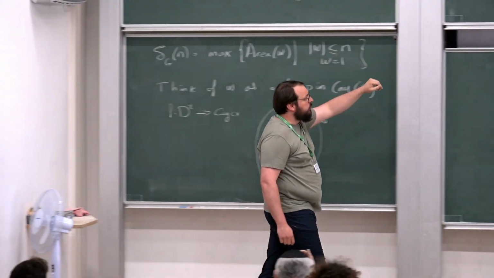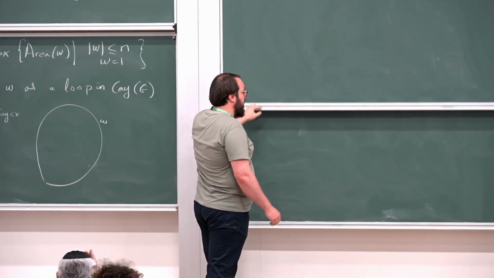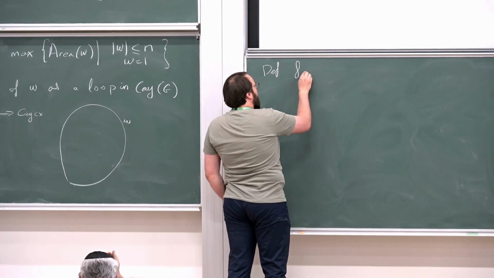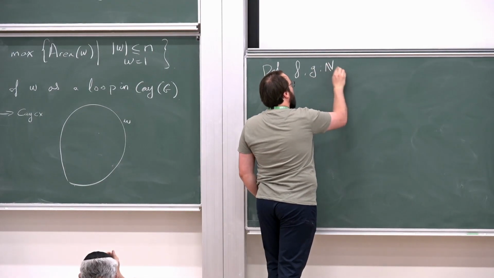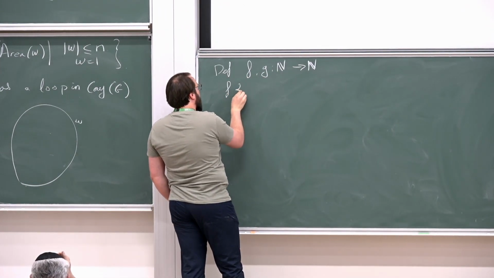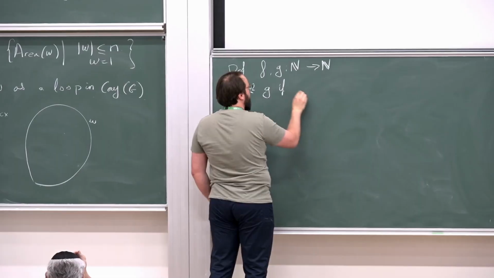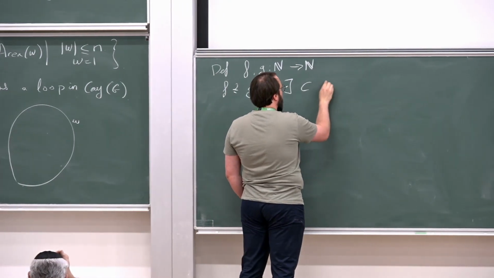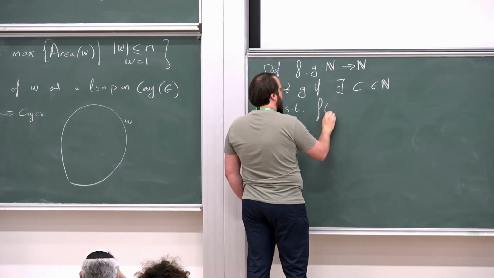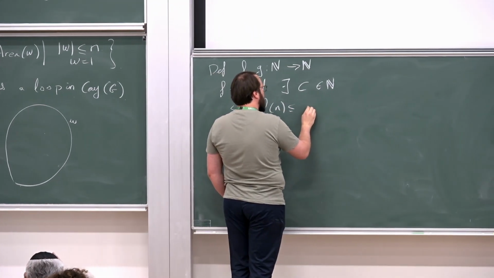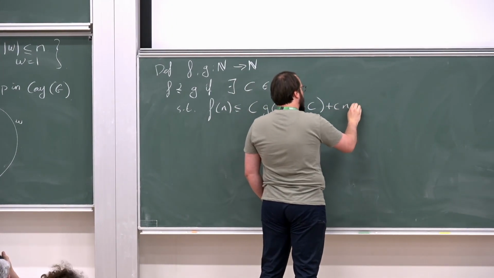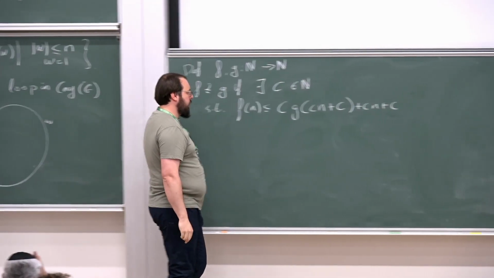So there's some equivalence you want to put on these functions, which is, we say that if you're given two functions from the naturals to the naturals, f is less than g if there exists some constant c in the naturals such that f(n) is less than or equal to c g(cn + c) + cn + c.